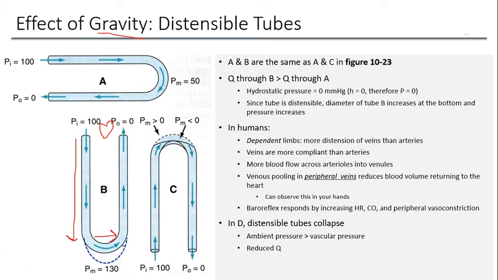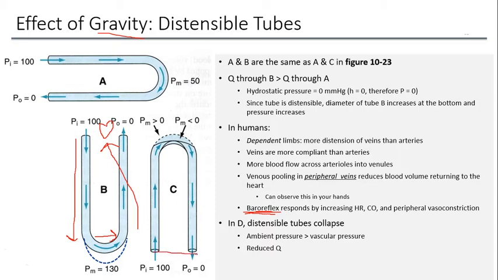But the problem with that is the more we start to collect in the veins, the less makes its way back. And then that's going to have an impact on stroke volume, cardiac output, and mean arterial pressure. And once that pressure starts to drop, our body needs to have a response in order to keep up with everything during this upright posture.